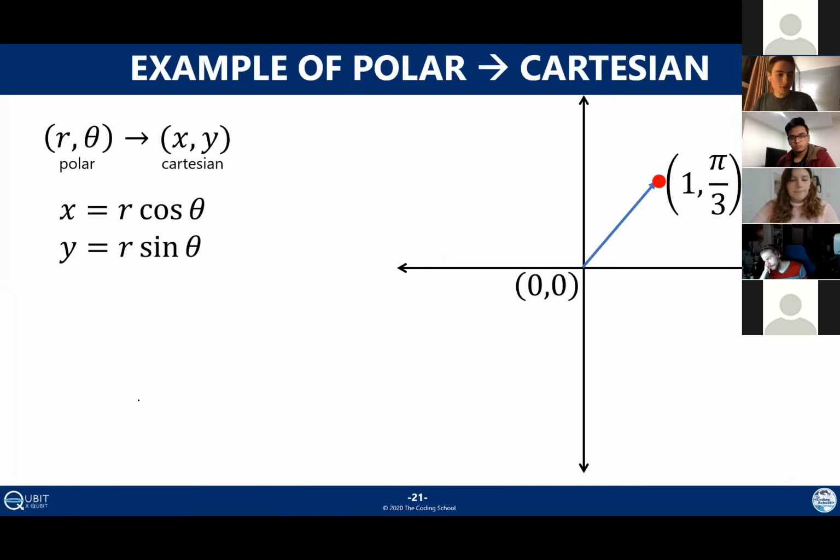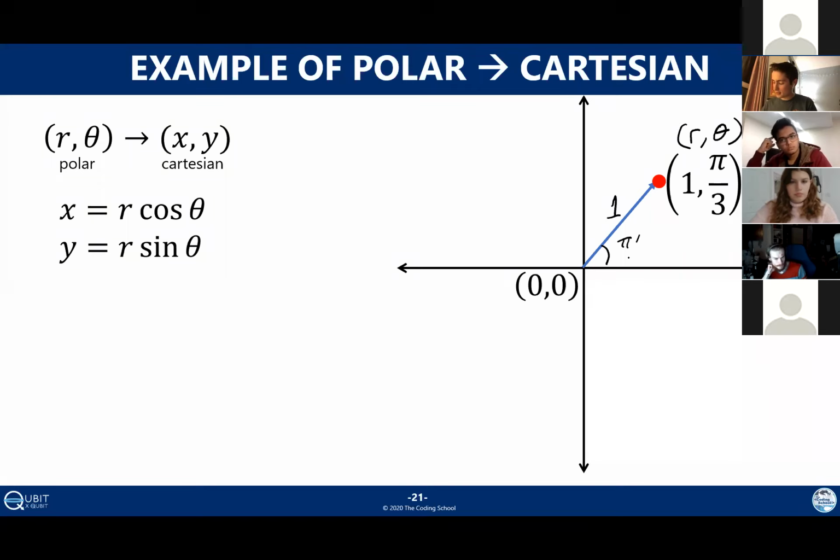So let's go ahead and do a quick example, converting from polar to Cartesian coordinates. We're told that we have a point at 1 comma pi over 3. Now, if you ever feel confused, when your coordinates have pi in them, it's a pretty good indicator that this is our r and theta. So our r, remember, is just the distance from the origin.